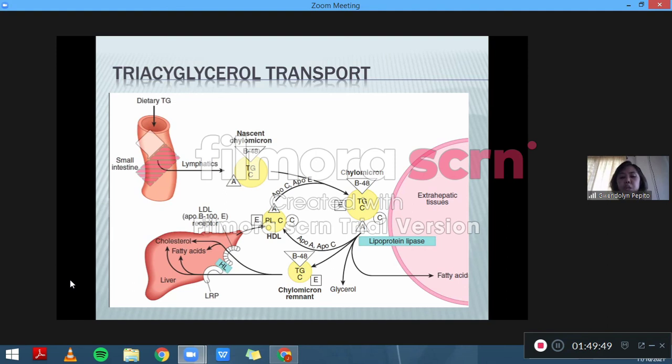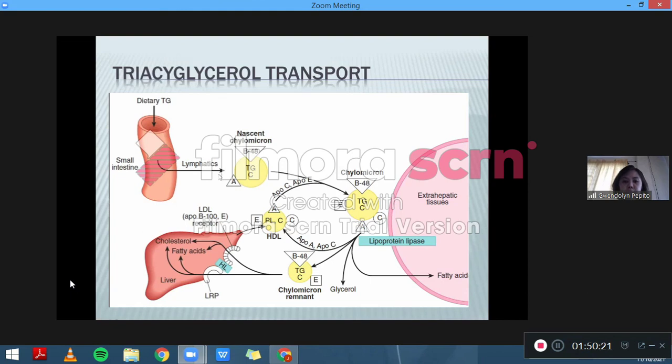You have your remnant chylomicron that's processed by your liver, and parts of your cholesterol are incorporated into HDL, as well as the ApoC and E. Any questions that you want to clarify?